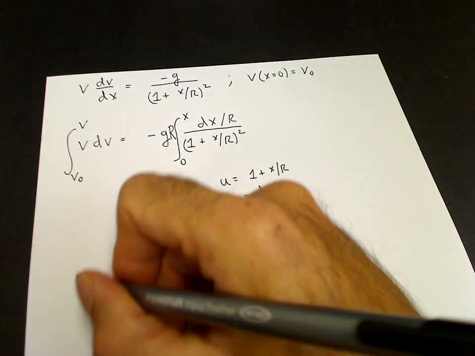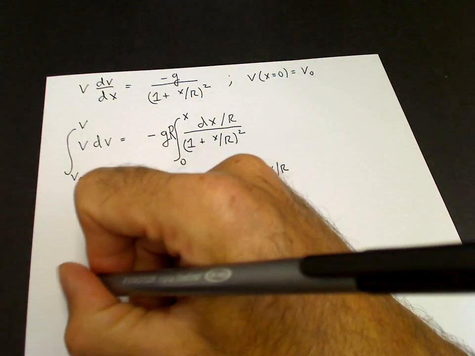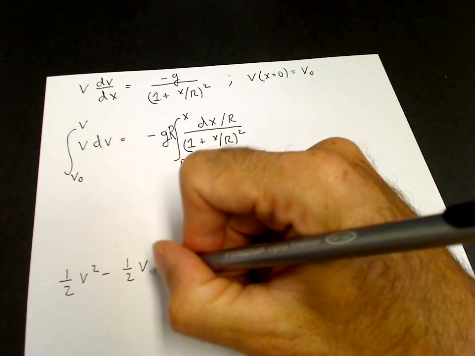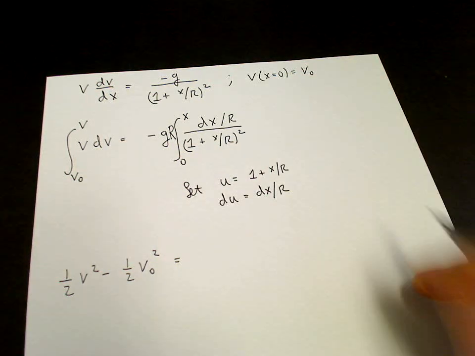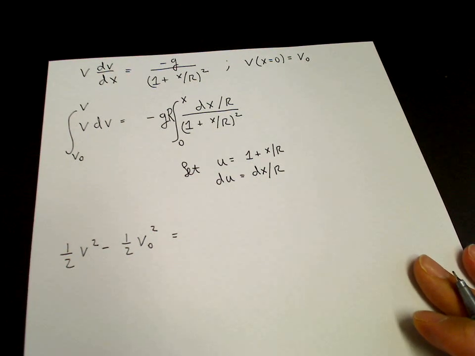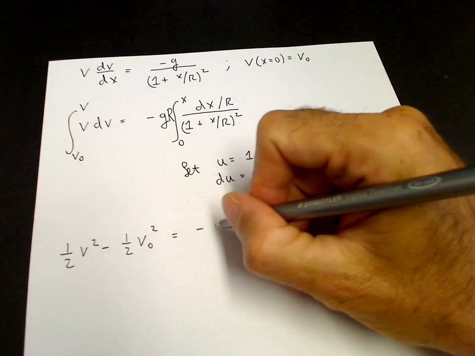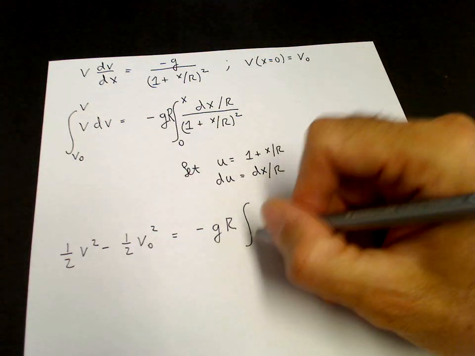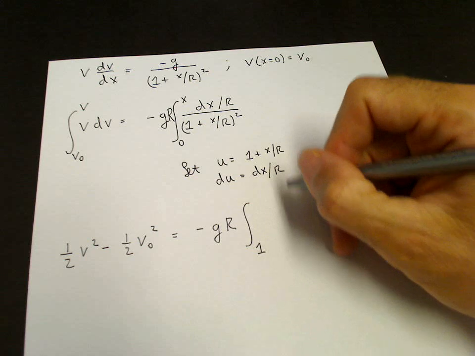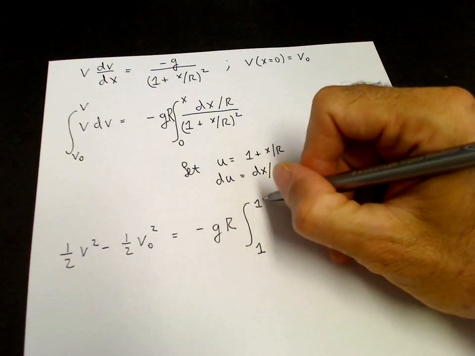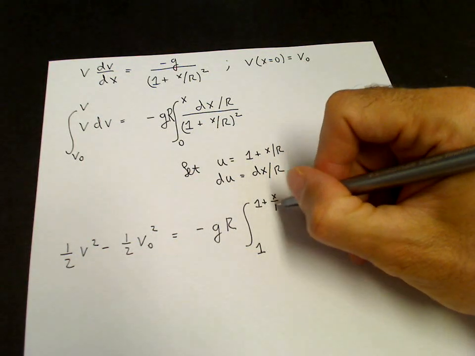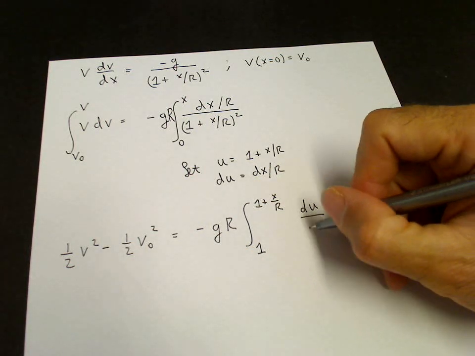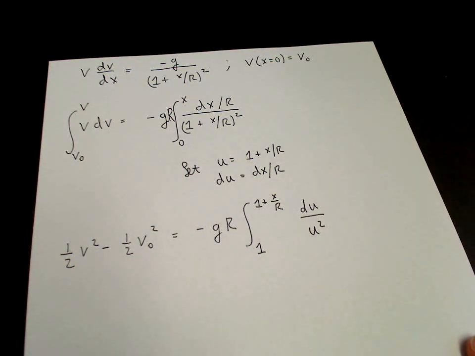So we'll end up with 1/2 v squared minus 1/2 v naught squared on the left-hand side, and minus gr times the integral, where when x equals 0, u equals 1, and the upper limit is 1 plus x over r, of du over u squared.